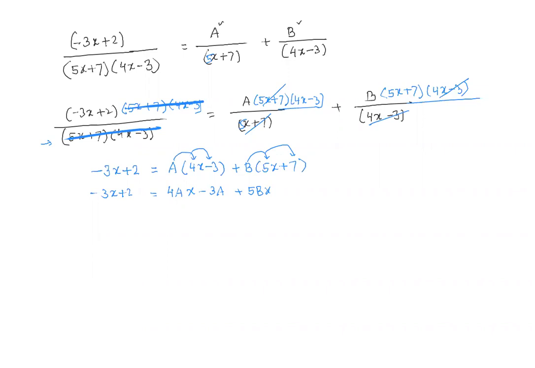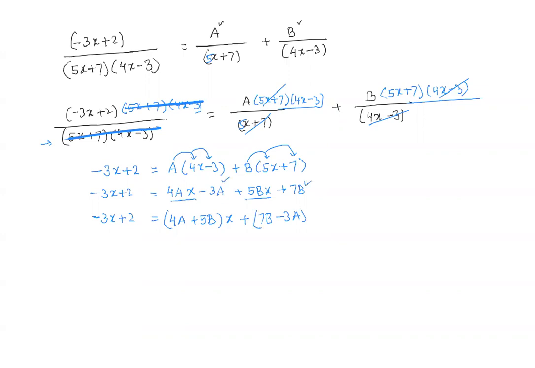B times 7 is 7b. So negative 3x plus 2 is equal to, I'm going to combine the terms that have x in them, which is 4a plus 5b times x, then plus 7b minus 3a.